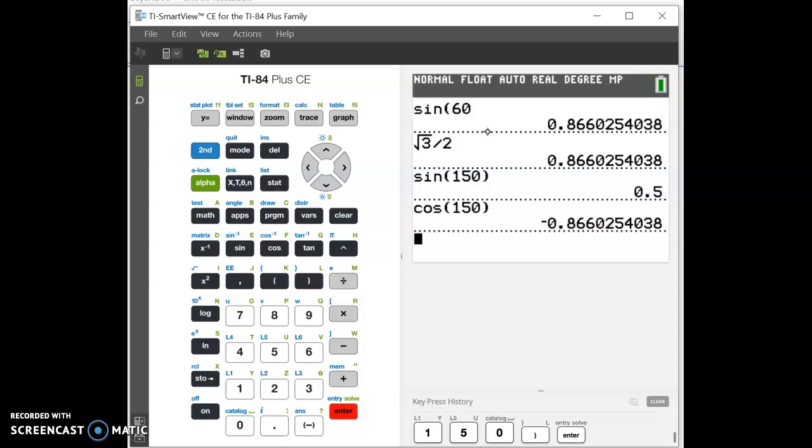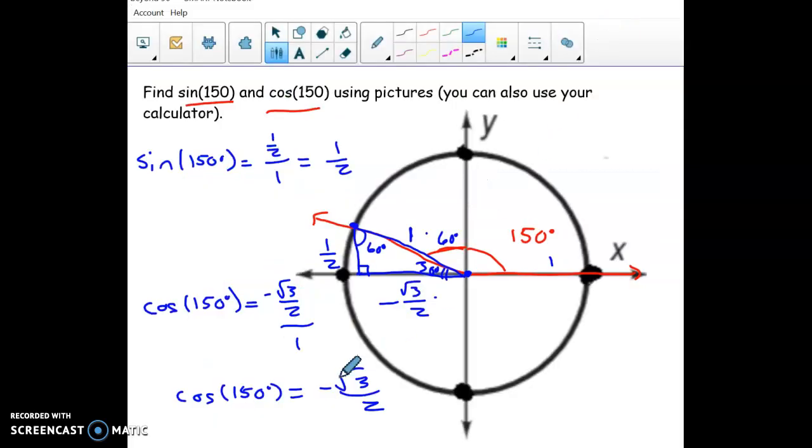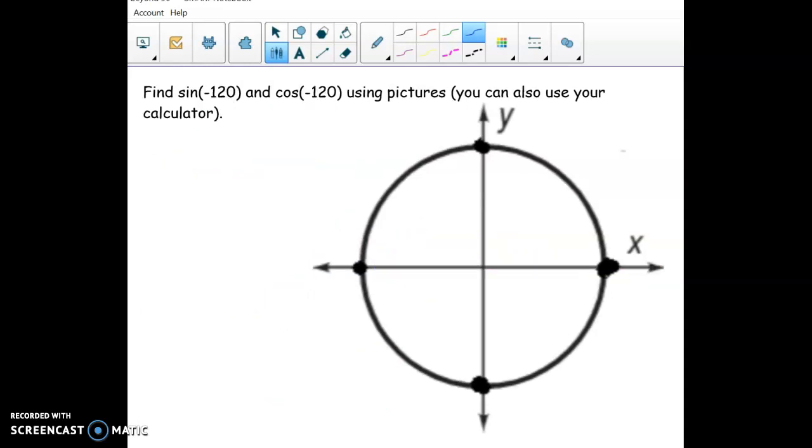And that would be the negative square root of 3/2, which is what we see right there. So far, it seems to be going okay. And this will hopefully become more apparent as we do some more examples. All right, so if you want to try it on your own, you can. Otherwise, you can watch the first part of it with me and then see if you can get it from there.